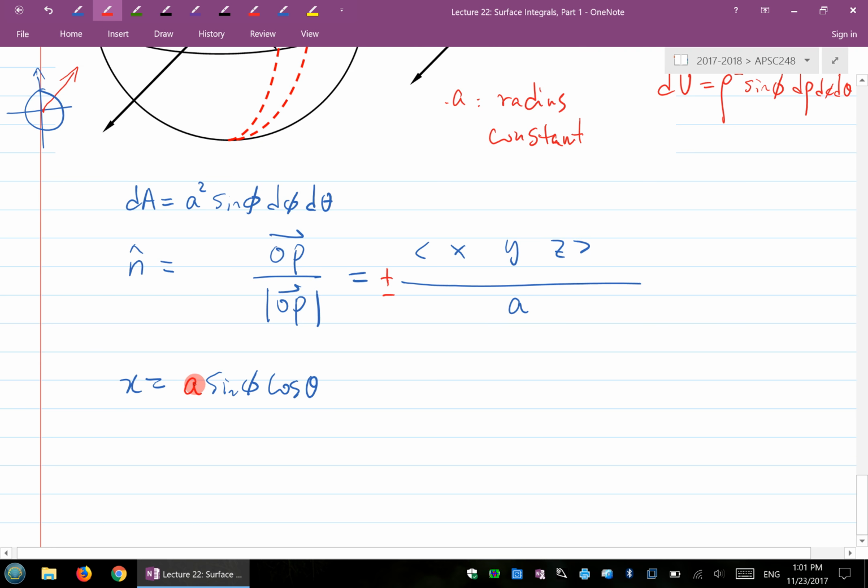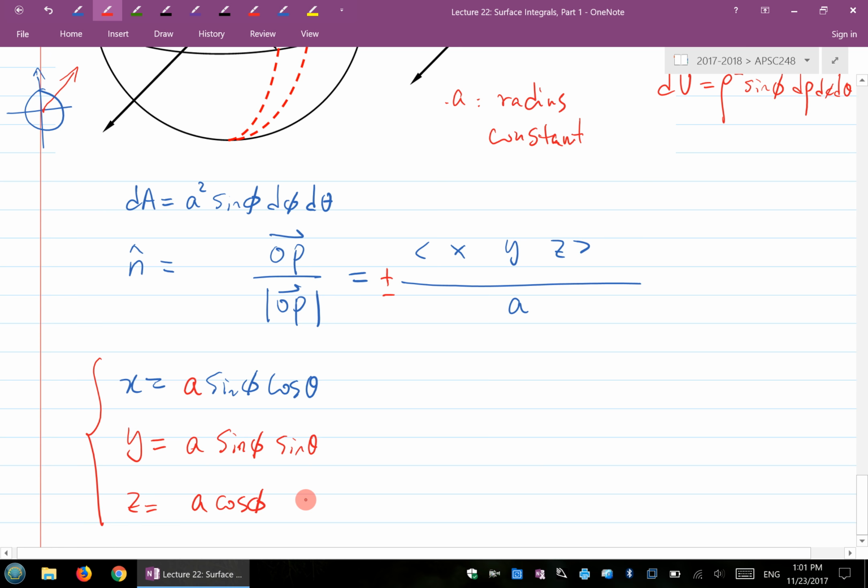It should be the a here, the radius of the circle. So that's your x, and y here would be a times sine phi sine theta, and z equal to a times cosine phi. This is how we're going to replace our x, y, z with these three expressions.